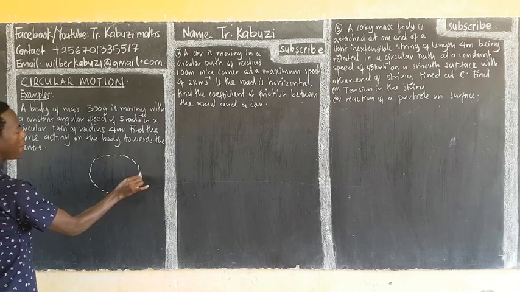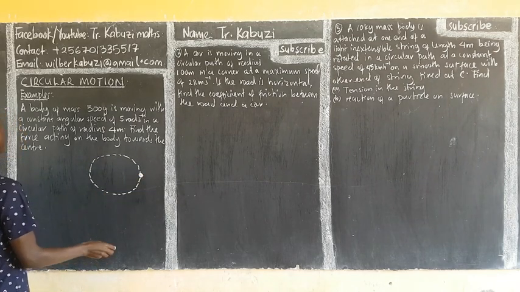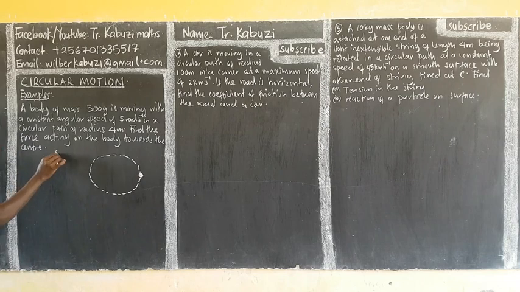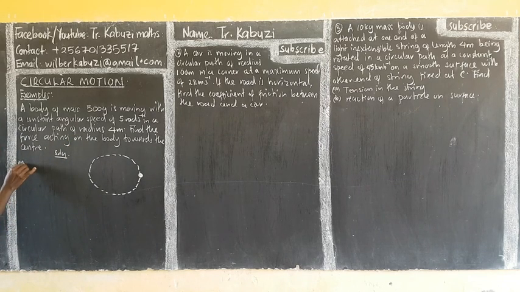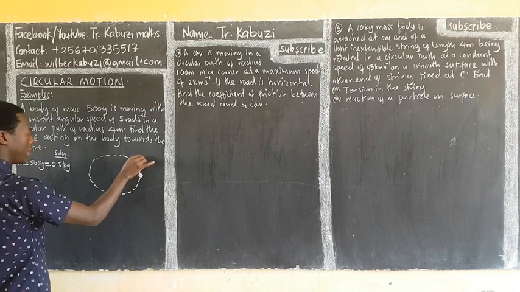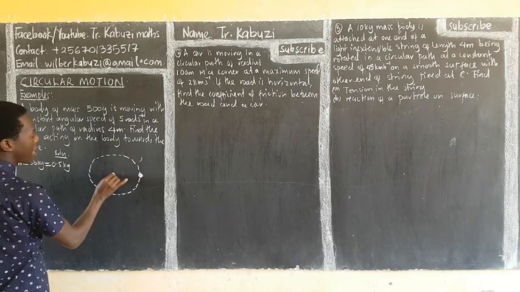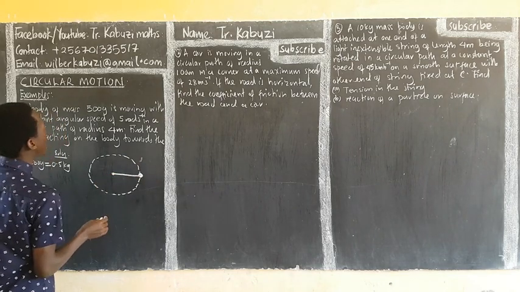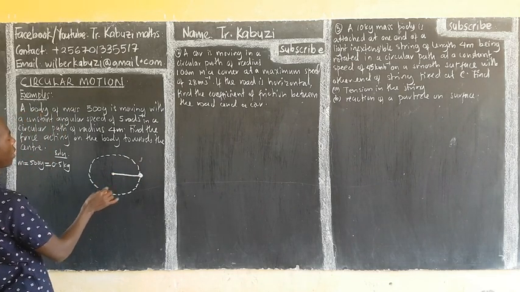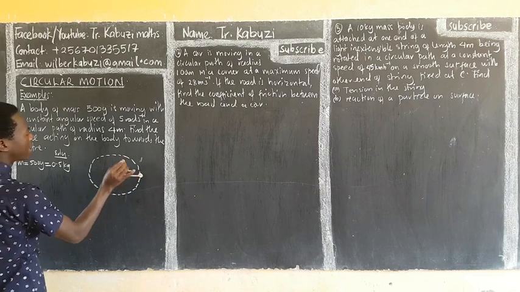So this is our body. It has mass. We first convert it to kilograms, so the mass, which is 500 grams, is equal to 0.5 kilograms. So it's moving in a circular path of radius 4 meters.